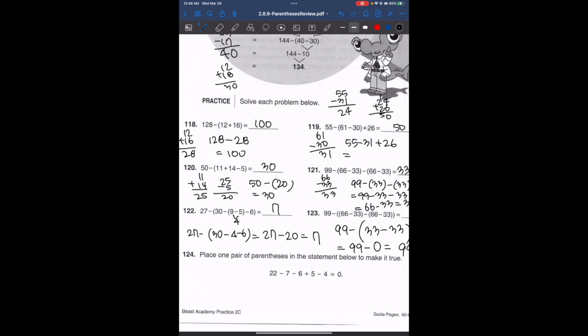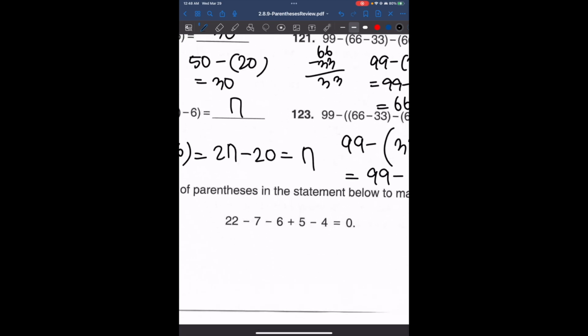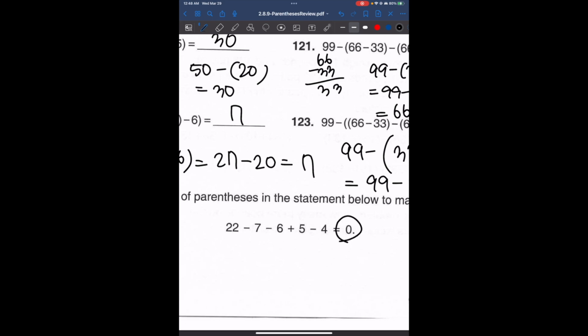Problem 124 says, place one pair of parentheses in the statement below to make it true. We want to make everything equal to 0.